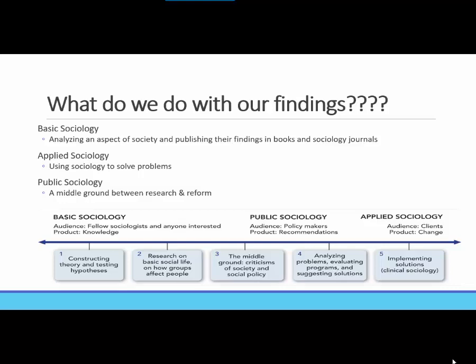So this goes back to what I was discussing in the earlier part of this chapter, when I was stating that there is this contradiction where there are some sociologists that believe sociology should be an analysis only discipline, and there are some sociologists who are very much committed to the idea that we are an analysis and reform discipline.